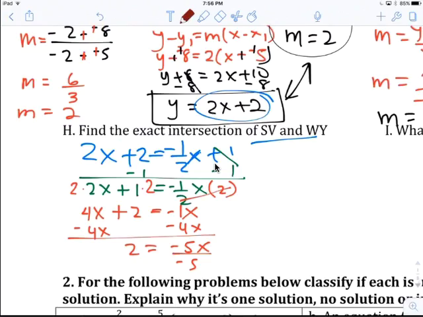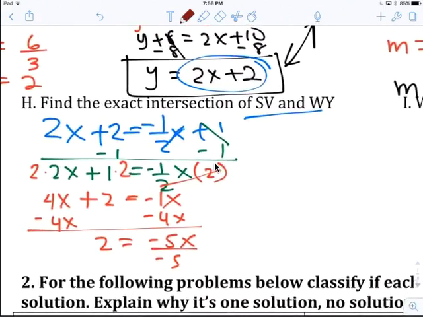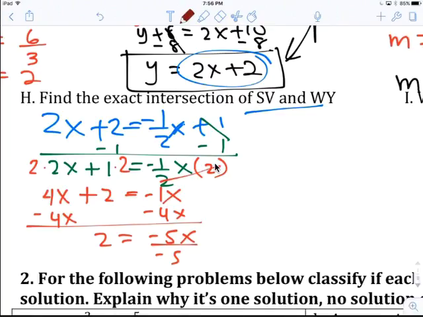Let me double check that I wrote everything correctly. Okay. I did. I believe I didn't mess up on anything. And my x then is equal to negative 2 over 5 or negative 0.4.